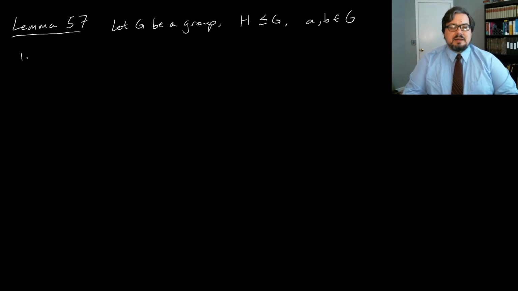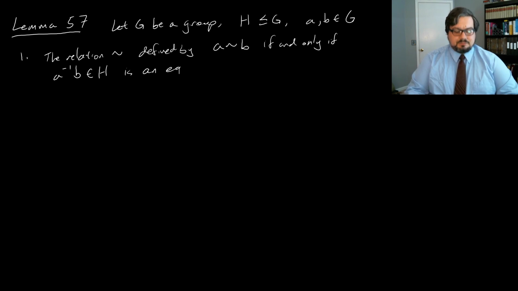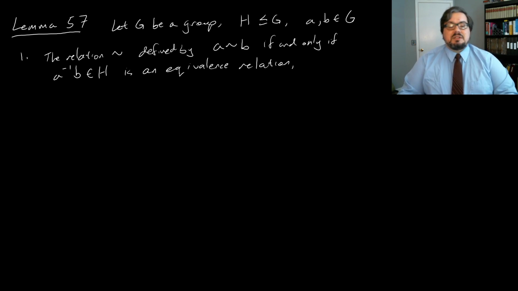So the first fact, which is going to drive much of the rest of the lemma, is that the relation twiddle defined by A twiddle B if and only if A inverse B belongs to H is an equivalence relation. And given any equivalence relation, we have equivalence classes of elements, and we know that the equivalence classes of elements form a partition.